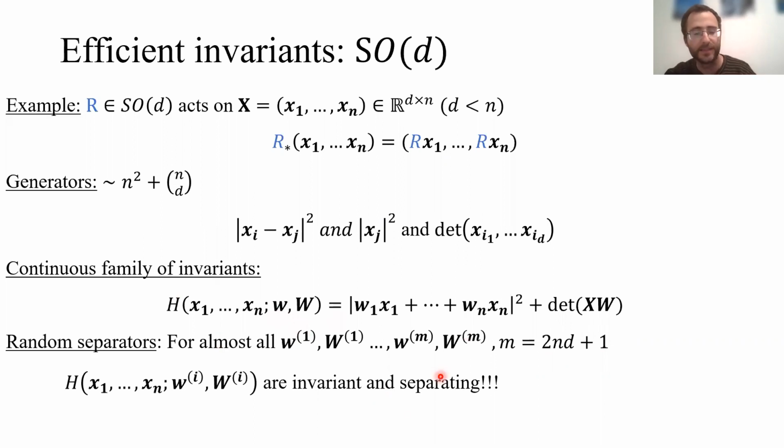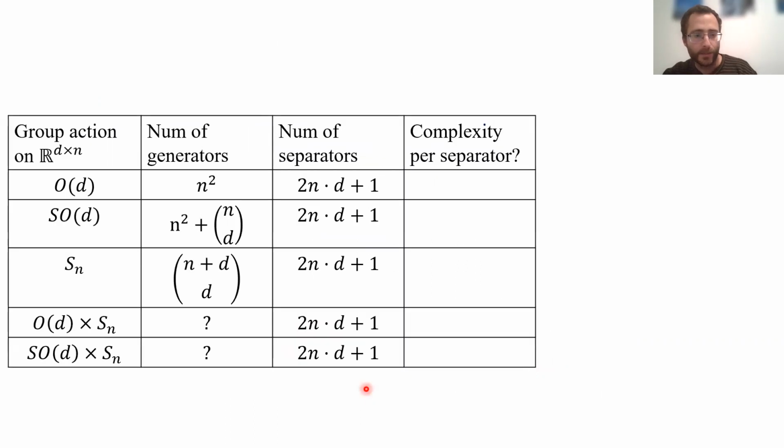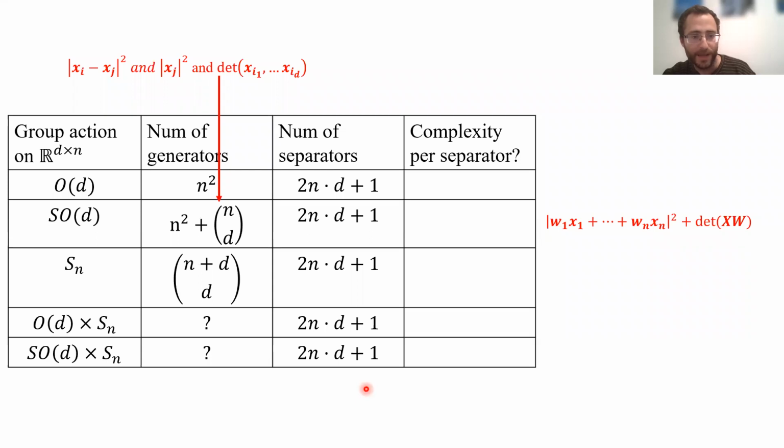It's more efficient. So we can compute this number of separators, but since we're not going to map up and project, the complexity will only be something like n times d squared, the complexity of computing this. Again, when d is smaller than n.